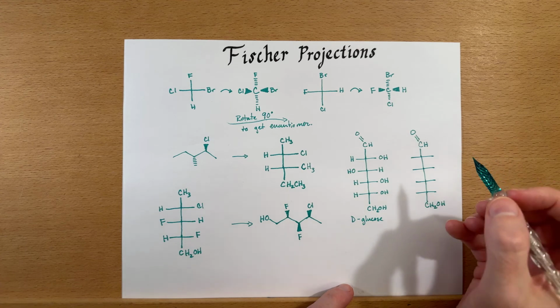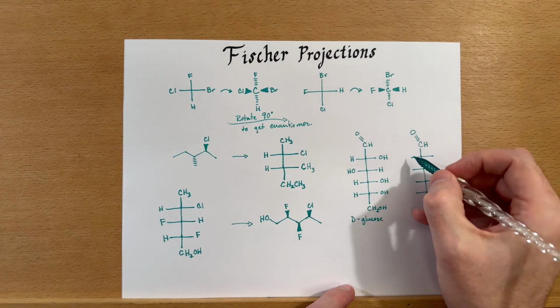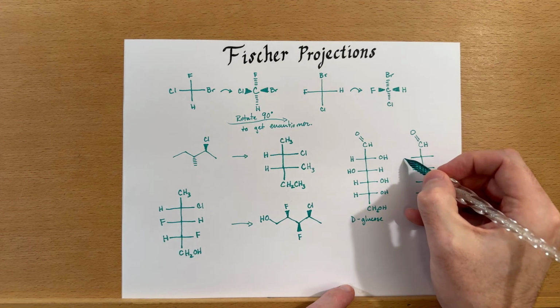So to draw the enantiomer, we flip all of the stereocenters, and so we can just draw the mirror image of this.